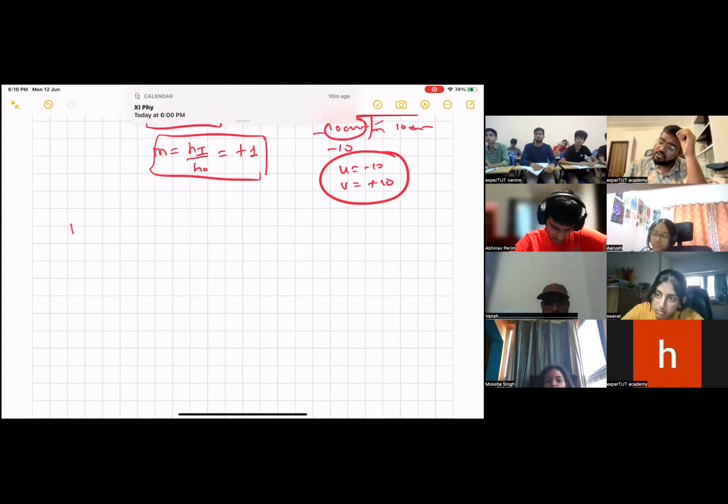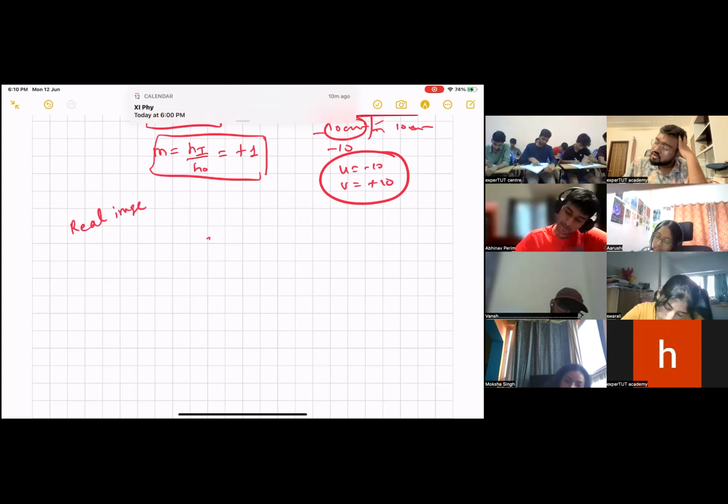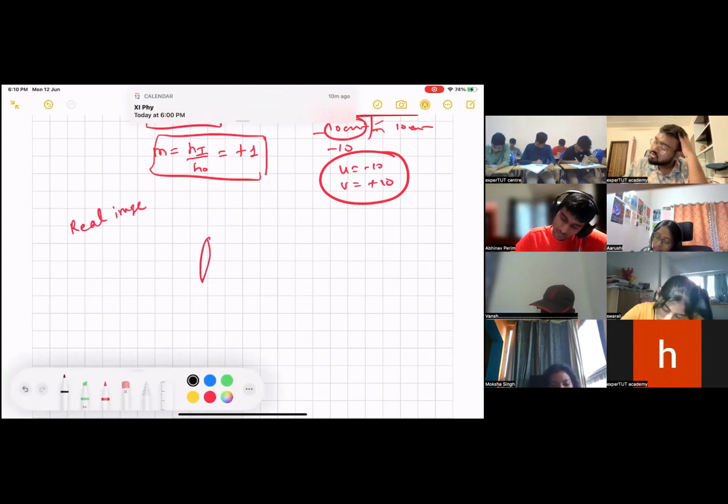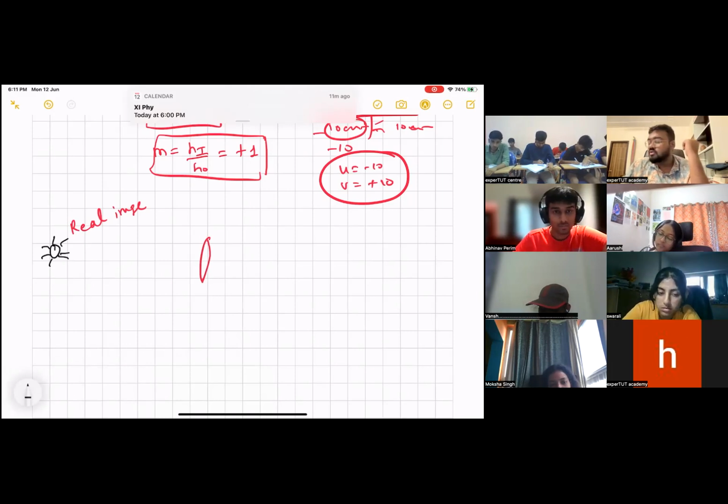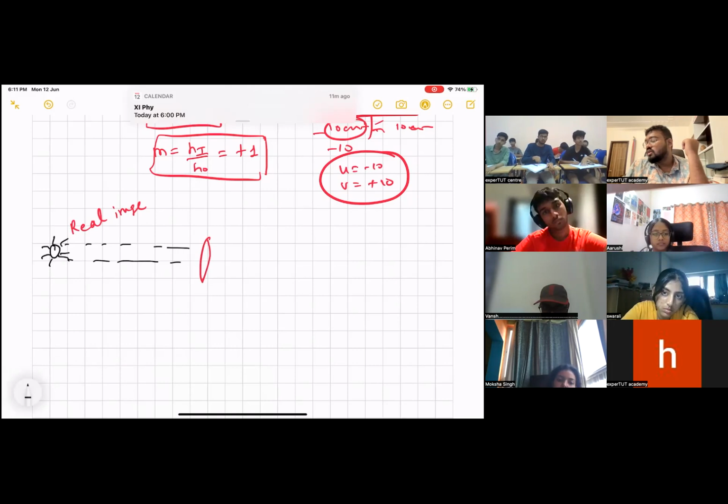Write an example of a real image. Suppose you are using a convex lens and you are trying to focus the light rays of the sun. The sun's rays are coming almost parallel, and the convex lens forms a small sun at the focus.